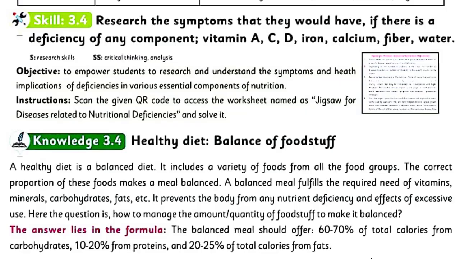Objective: to empower students to research and understand the symptoms and health implications of deficiencies in various essential components of nutrition. Instructions: scan the given QR code to access the worksheet named Jigsaw for Diseases Related to Nutritional Deficiencies and solve it.